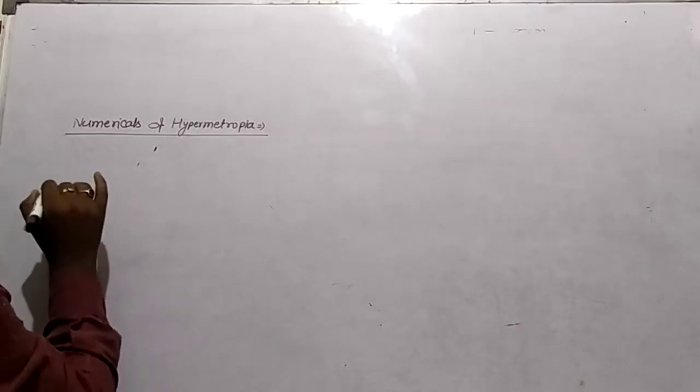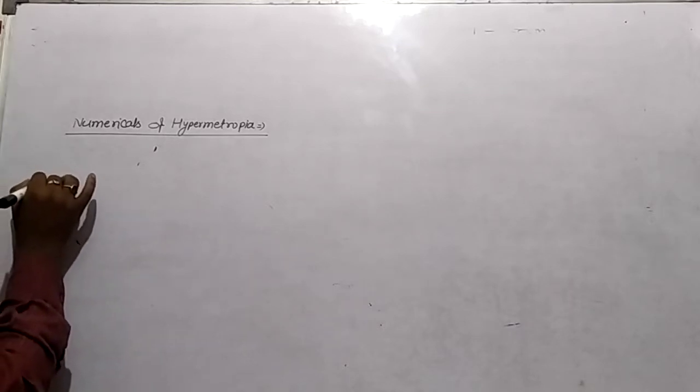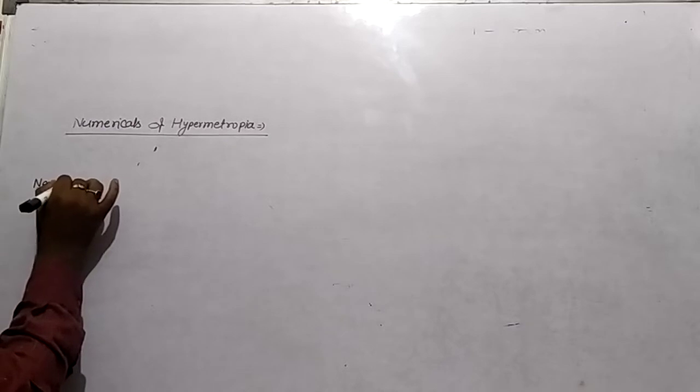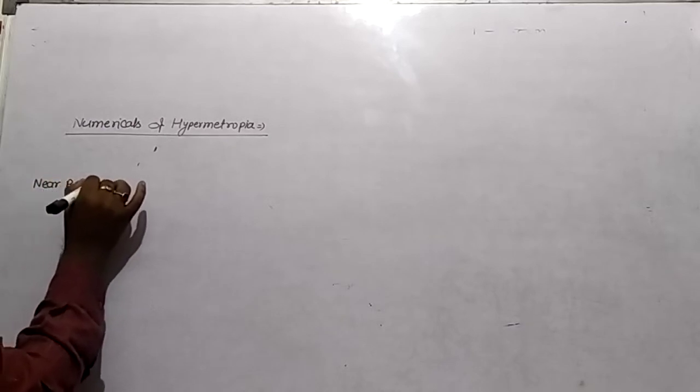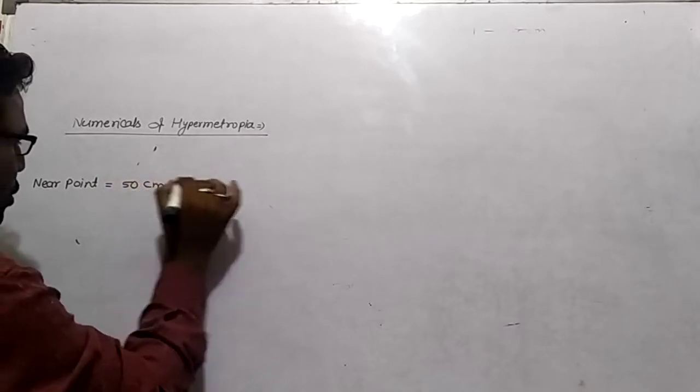Near point is the minimum distance from which we can see any object clearly. It means, look beta, if I am saying near point is 50 centimeter. This is the first question.